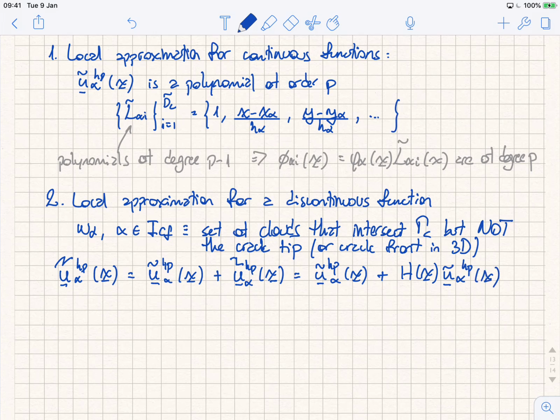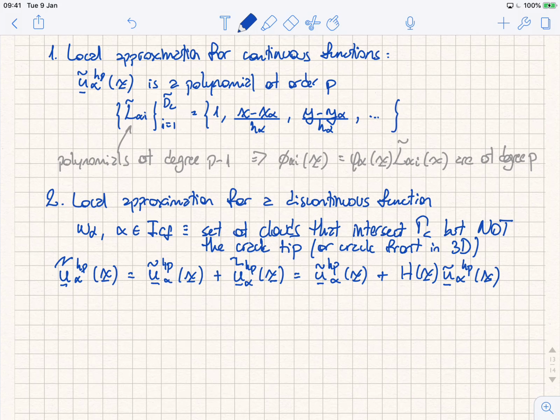So you see that right now, basically, I have the Heaviside enrichment function that is multiplying my continuous function. This basically means that if I have a continuous function that is obtained by several polynomials, constant or sorry, linear and then quadratic and so on, then you have to add also the Heaviside enrichment function multiplied by all those different polynomial orders to get basically the same degree of interpolation at the end.